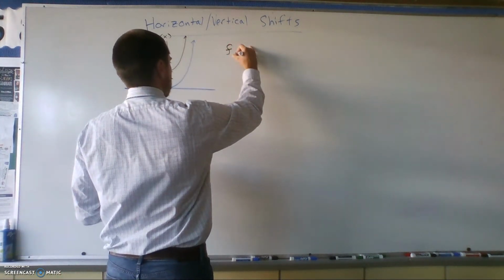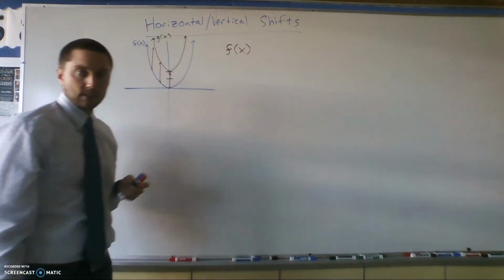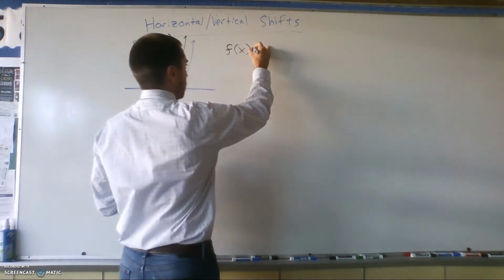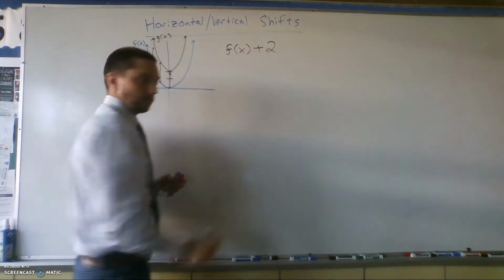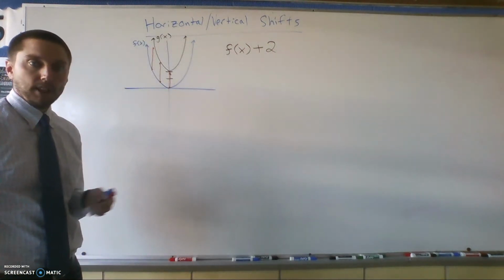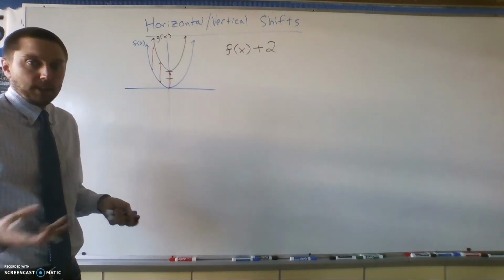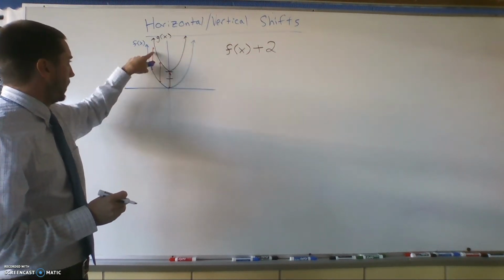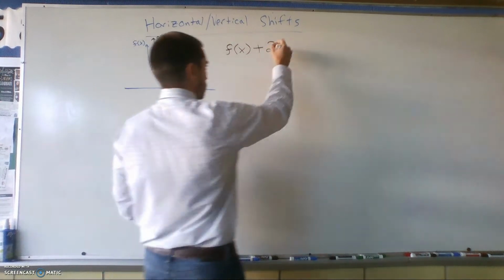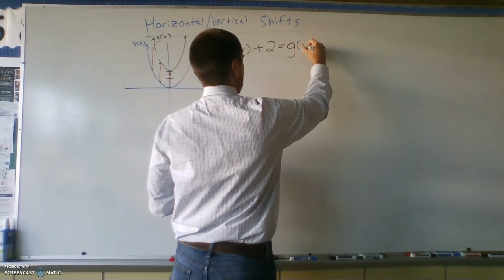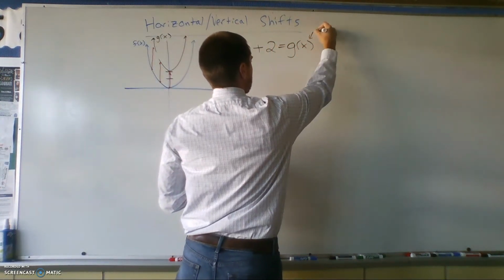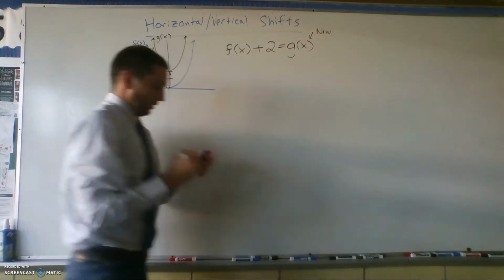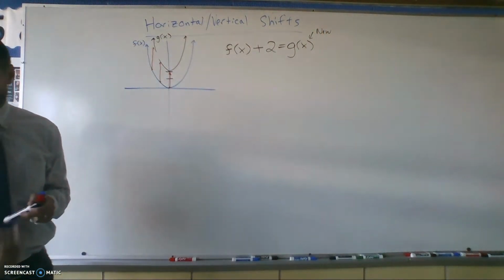So I'm going to write that down. So I took the outputs, which was f of x, and I added 2. That's what I did to that. And then what did I end up with when I did that? I took f of x, the outputs here, and I added 2, I ended up with this black curve, which is g of x. Okay, so which is my new graph.